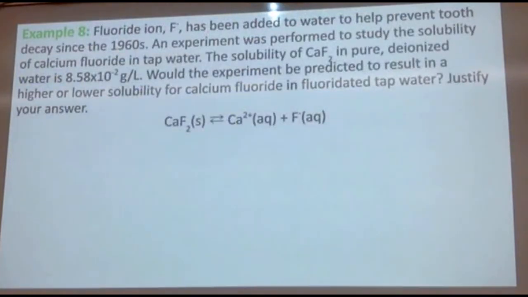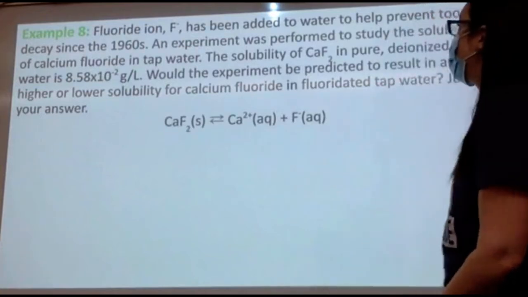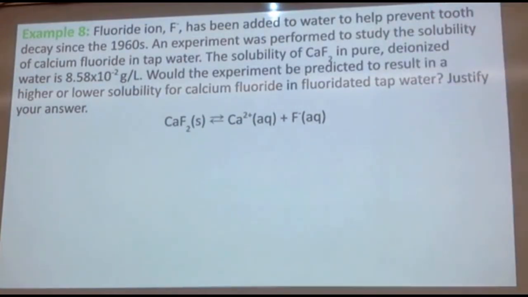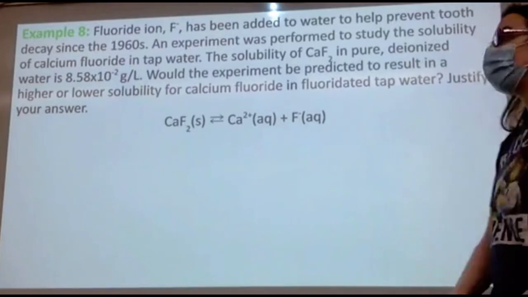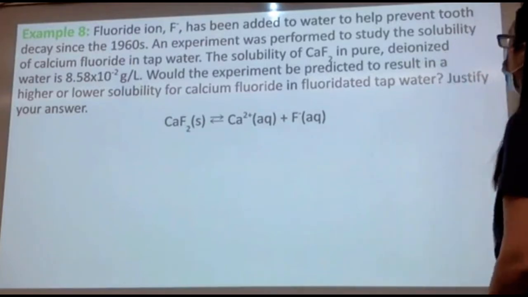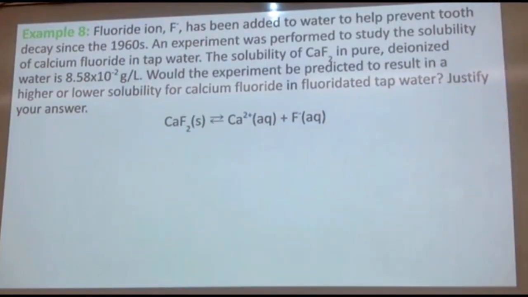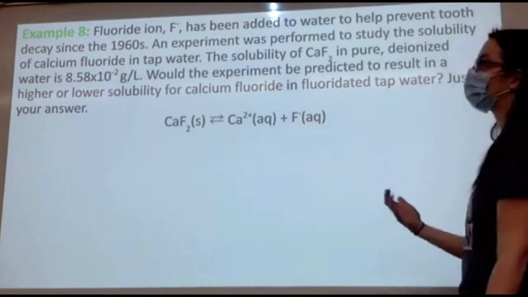So here's one that's conceptual. The fluoride ion F- has been added to water to help prevent tooth decay. There's actually an entire line of chemists who are dental chemists, and their job is to work with enamel decay and tooth decay and figure out ways to use Ksp to cause precipitation back onto teeth.